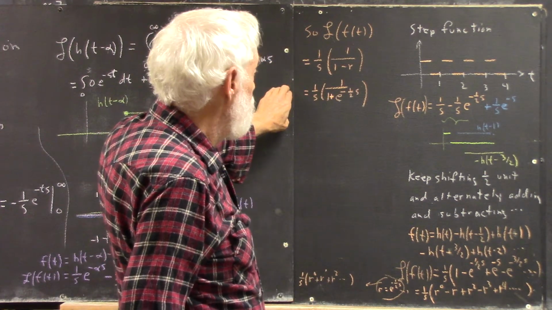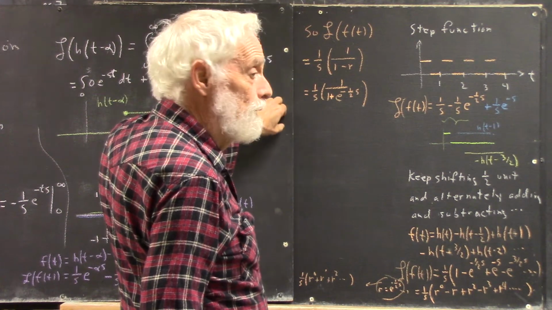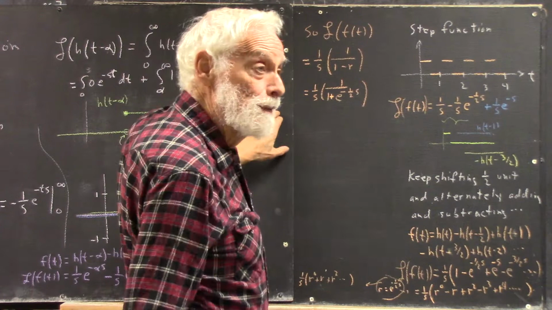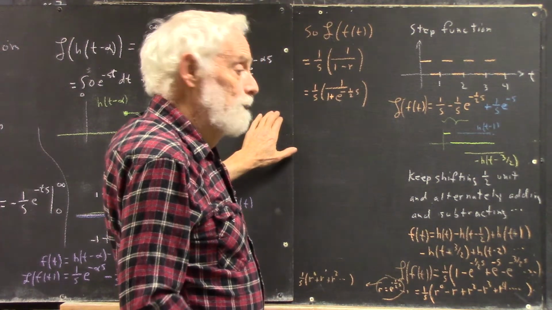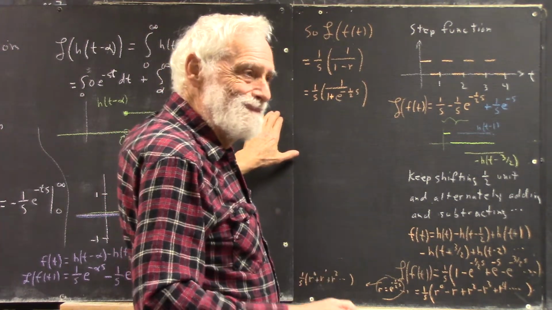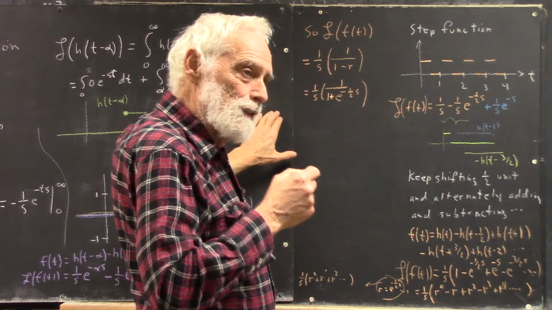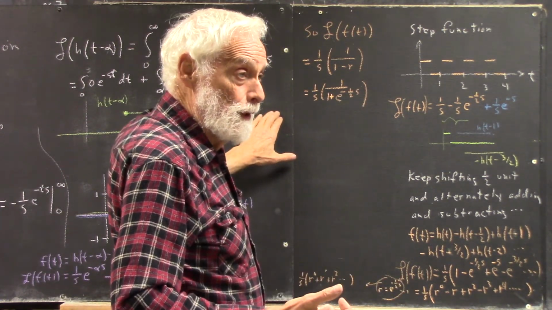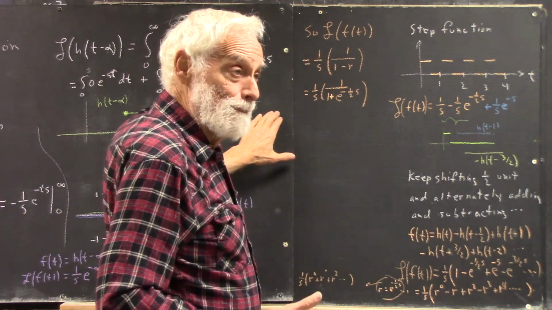And again now, if you're driving a mechanical or electrical system with a step function, which happens, okay, it's like you close the switch and you get a pulse. You open the switch, close the switch, open the switch. Very easy thing to do. One of the easiest things to generate.